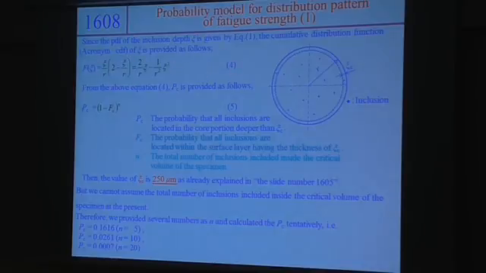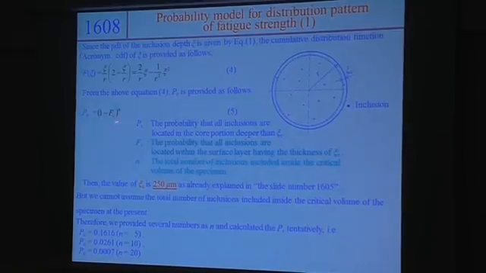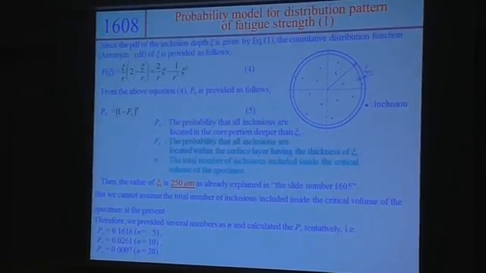Equation 4. From the above equation 4, PC is provided as follows. This expression is equation 5. Each notation of PC and FC is indicated here. Then, the value of xi is 250 micrometers, as already explained in slide number 1605.